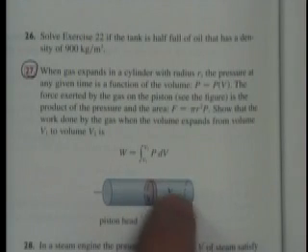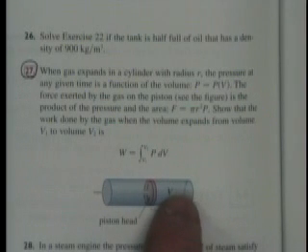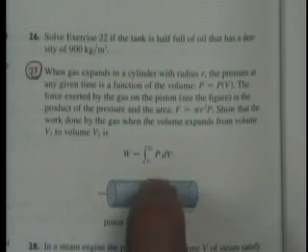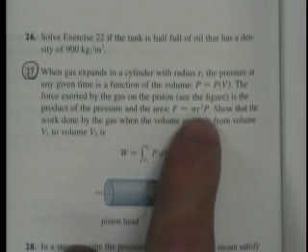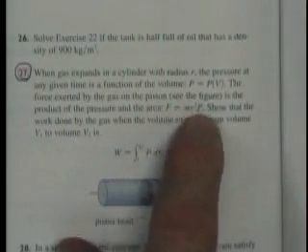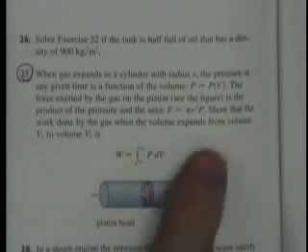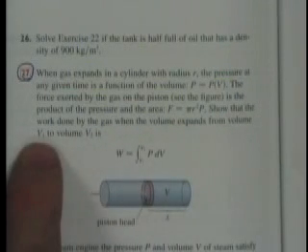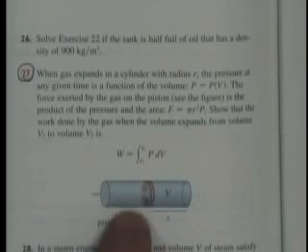We're assuming the walls of the pistons are immovable, and that the pressure is going to push out on the piston head. And so the force is equal to the area times the pressure. Now we're supposed to show that the work done by the gas when the volume expands from volume 1 to volume 2 is given by this.